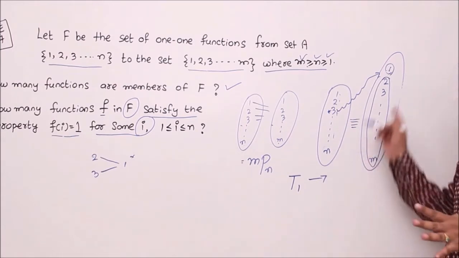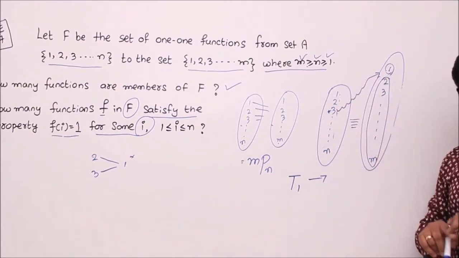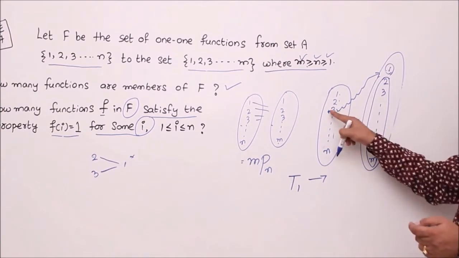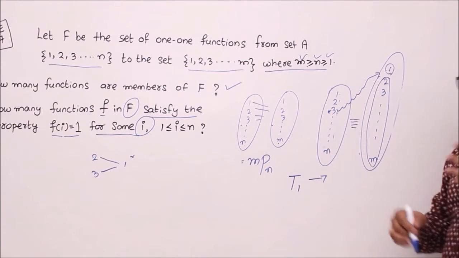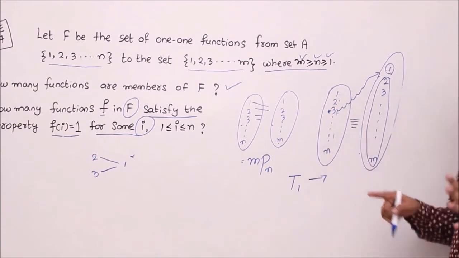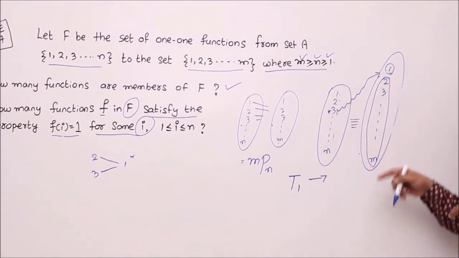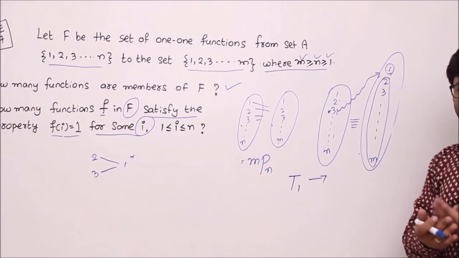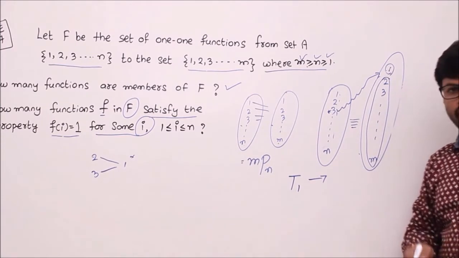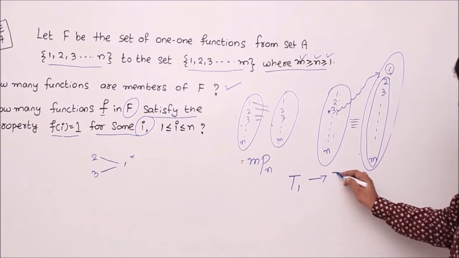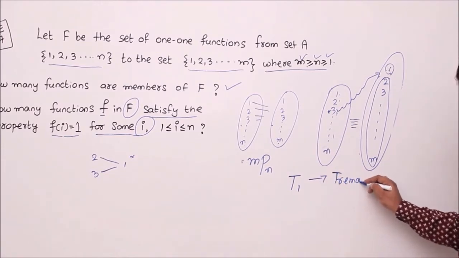If you do that, then the overall function will be formed. Let's revise it. First, one element should map to 1. Take one element and map it. Then take the remaining elements here and map them in a one-to-one way. Then overall it will become one-to-one. Isn't it so? Let's do it. T1 followed by the remaining task. You know what the remaining task is?